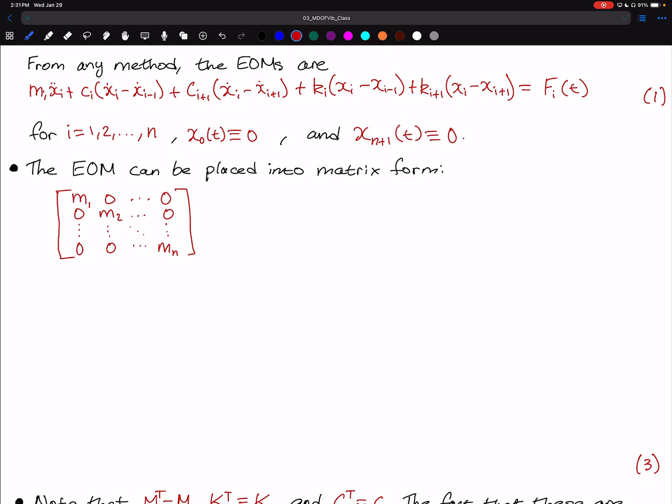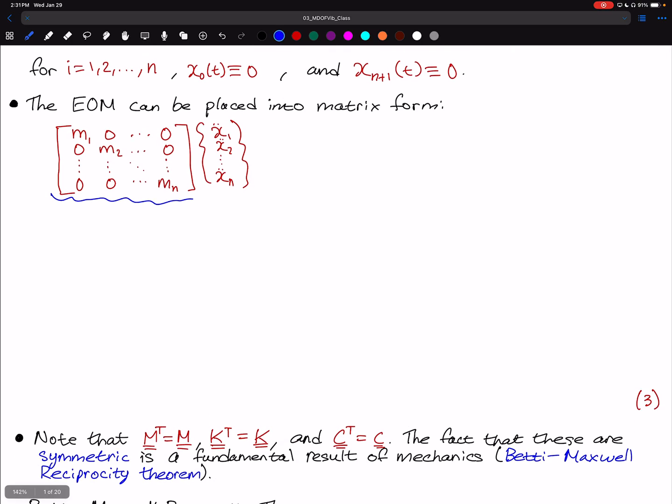And this will be multiplied by an acceleration vector, x1 double dot, x2 double dot, dot dot dot xn double dot. So we're going to call our mass matrix here big M. And for right now, I'm going to use a double underline to indicate a matrix.